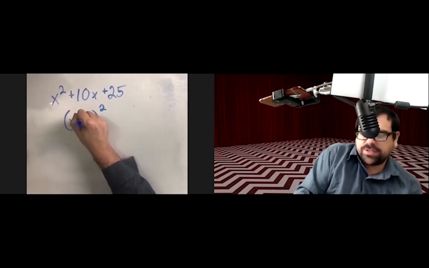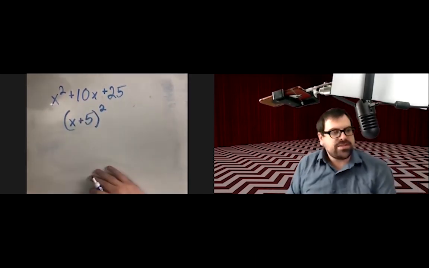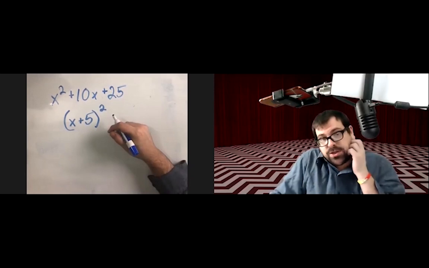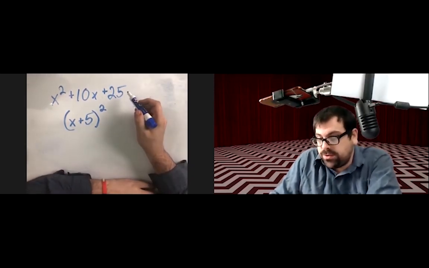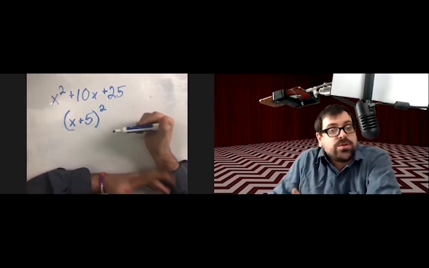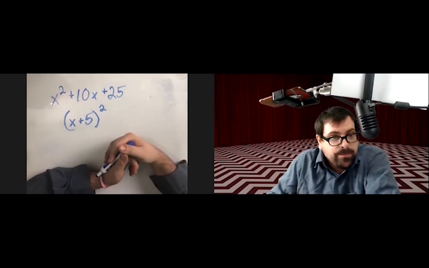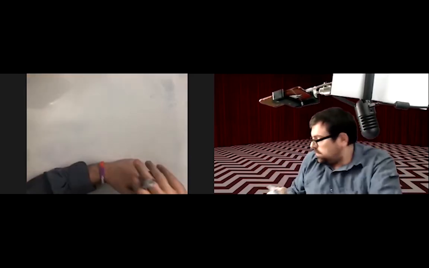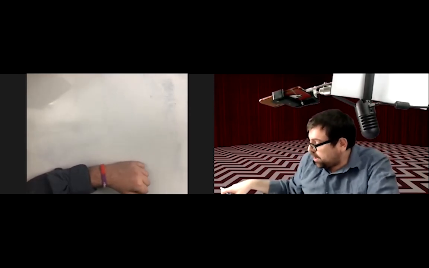It factors to x plus 5 squared. We can manipulate the situation so that we are creating squares where squares do not exist. This process is called completing the square. And I'm just going to jump right in. It's a very repetitive process.